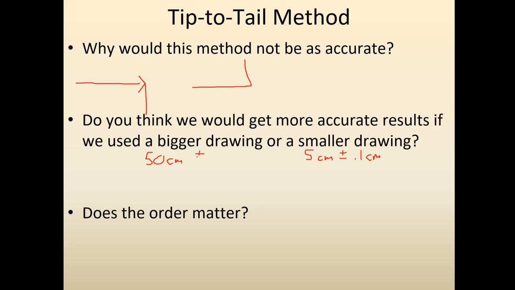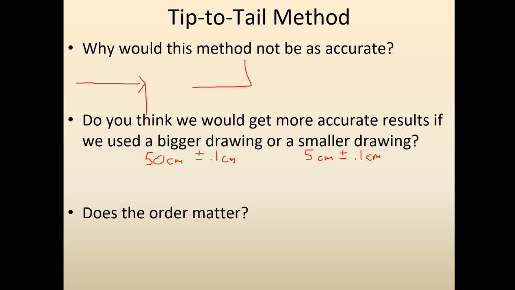And we still have that same error of plus or minus 0.1 centimeters. So here we could see that this error that comes naturally from the ruler won't play nearly as big of a part when my number is very big versus very small. And the smaller this is, the bigger this systematic error from the ruler plays a part.